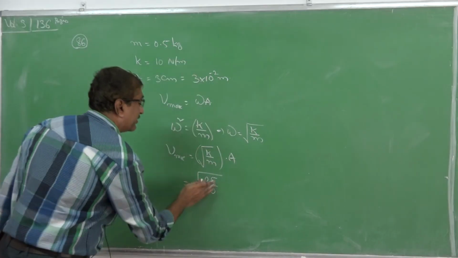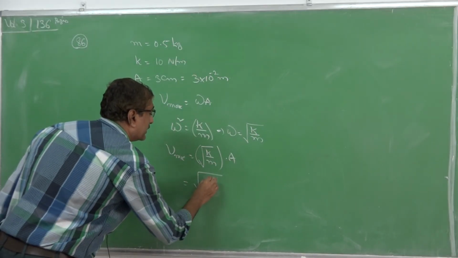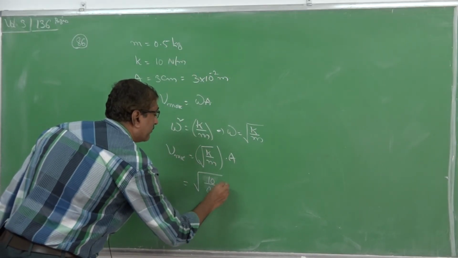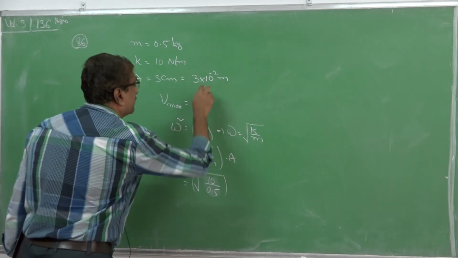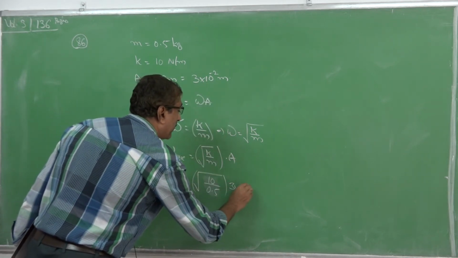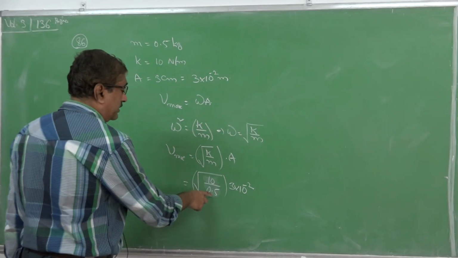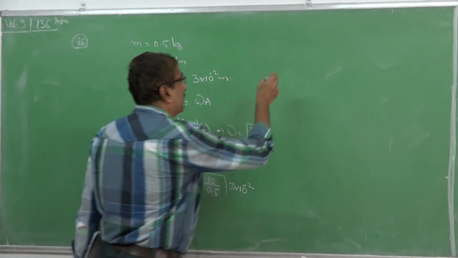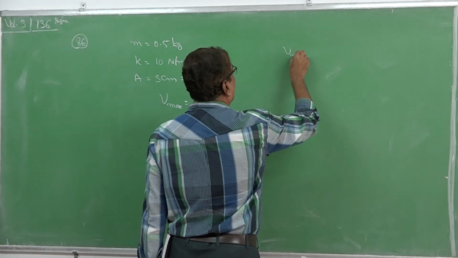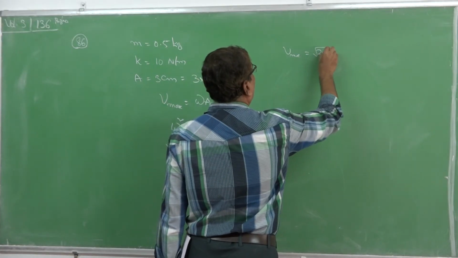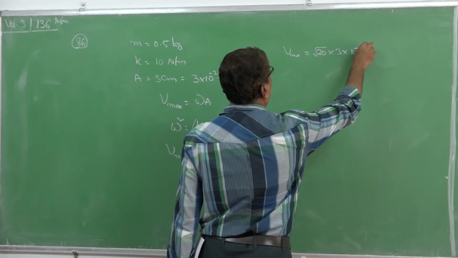Sorry, that is 10 divided by 0.5 into 3 into 10 power minus 2. This is 20. So V max equal to root 20 into 3 into 10 power minus 2.